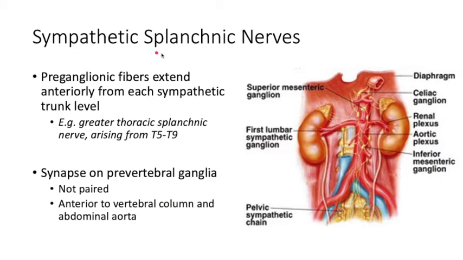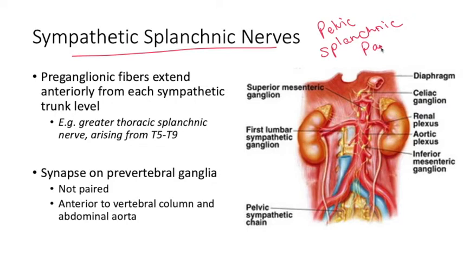Okay, so these sympathetic splanchnic nerves, keep one important thing in mind. These are not the pelvic splanchnic. Those are two totally different sets of nerves. The pelvic splanchnic nerves are, first of all, parasympathetic. They're not sympathetic. And they are going to stuff in the pelvic cavity.